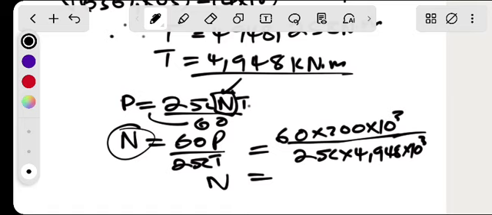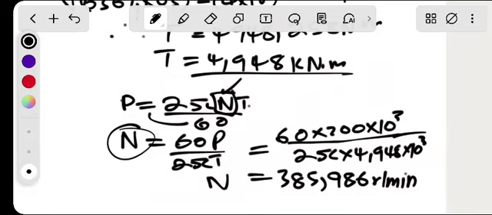Okay, 60. I will have here 385.986 revolutions per minute. So this is how it is, guys. We are done. This is how the cookie crumbles.